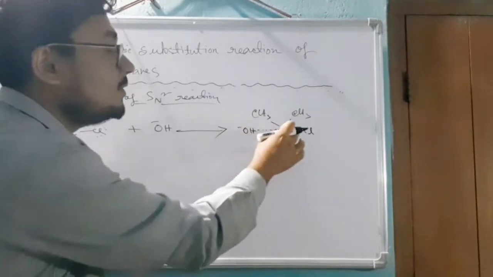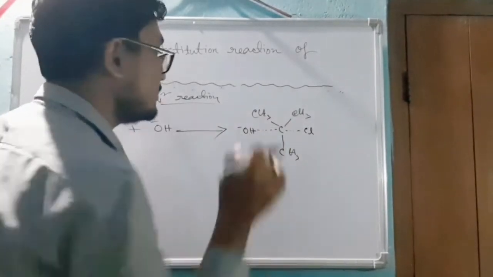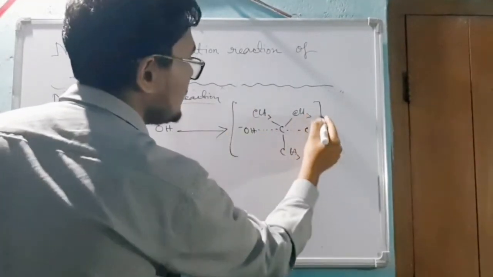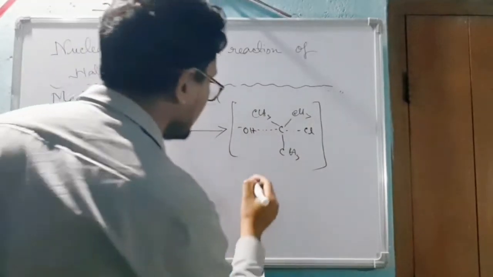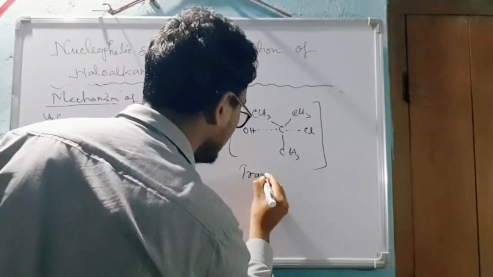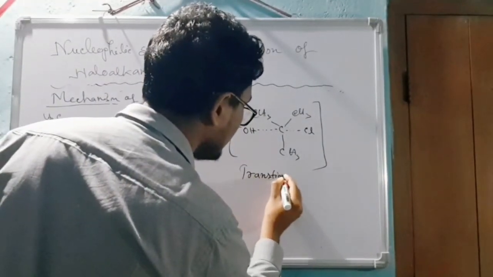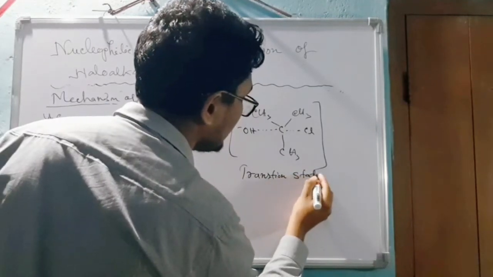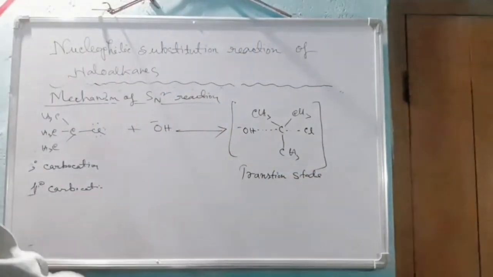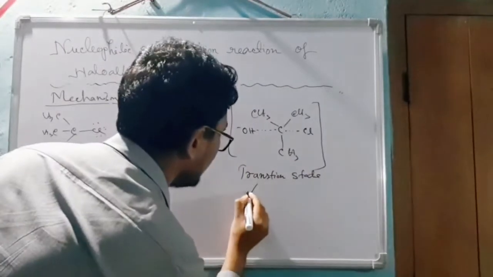Bond making has not happened, bond breaking is not complete. So this state is called the transition state.